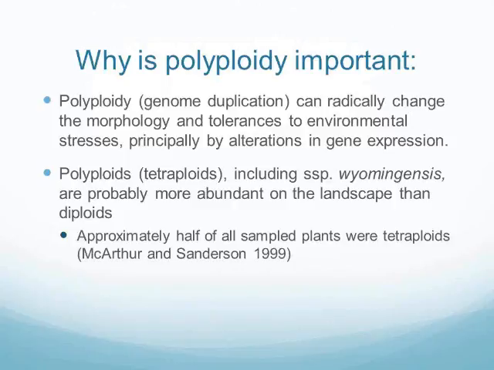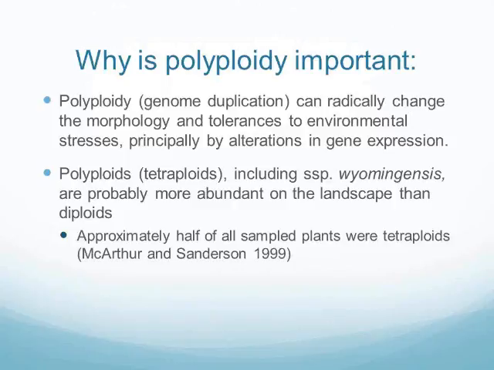So why is polyploidy important in this species? Polyploidy, or genome duplication, can radically change the morphology and the tolerance to environmental stresses, principally by altering gene expression. And polyploids, in this case tetraploids, including wyomingensis, are probably more abundant on the landscape than diploids.